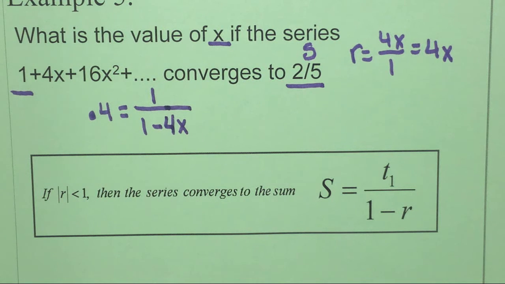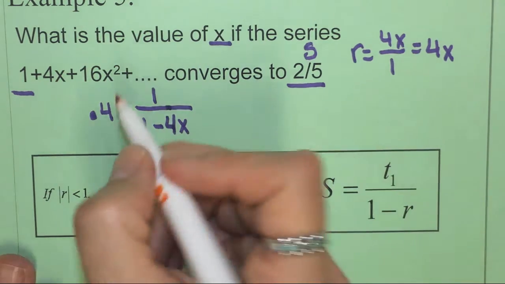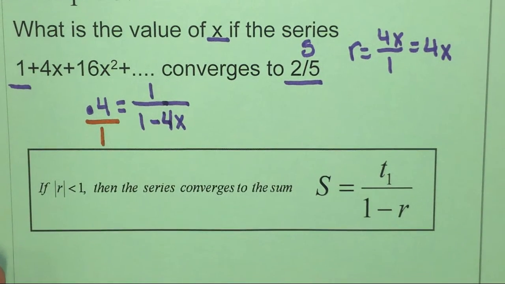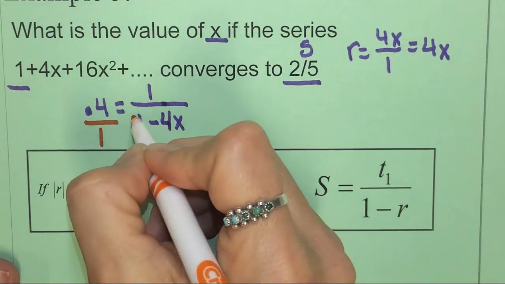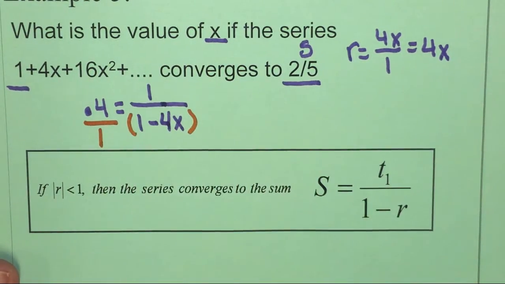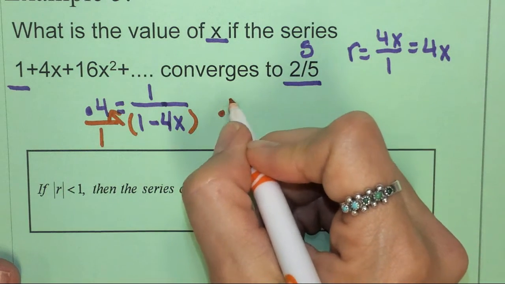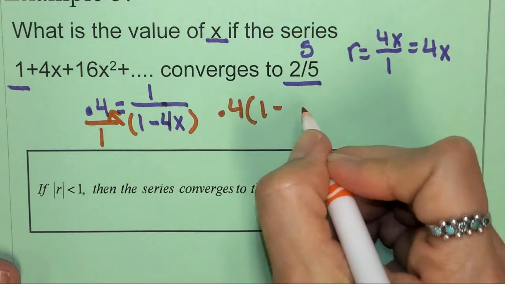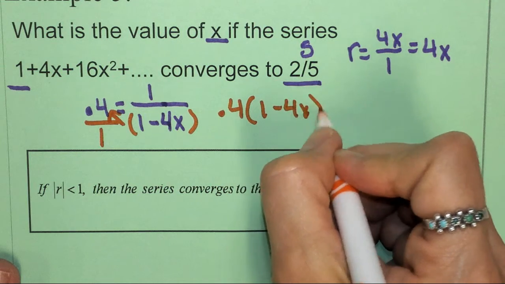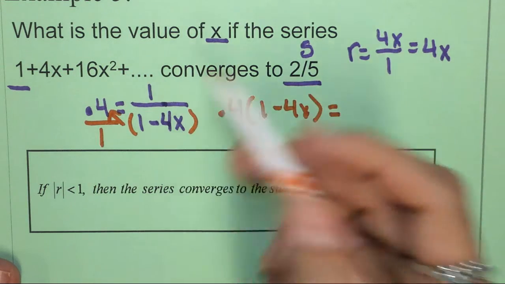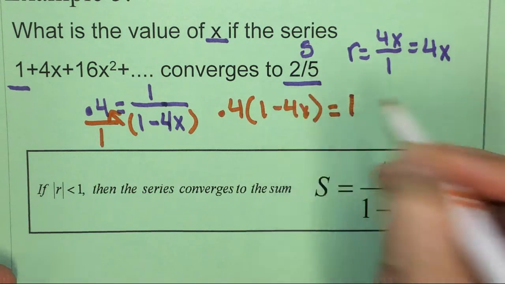Is this just like the problem we did where we solved for R? Say yes. Yes, we're going to put the 0.4 over 1. We're going to put parentheses around the second denominator, and we're going to cross multiply. So we're going to have 0.4 parentheses 1 minus 4x equals, what is 1 times 1? 1.